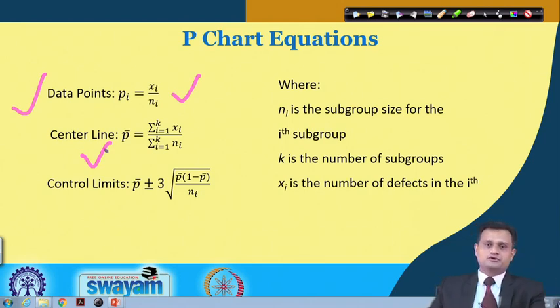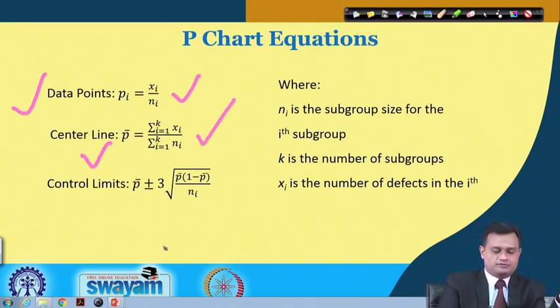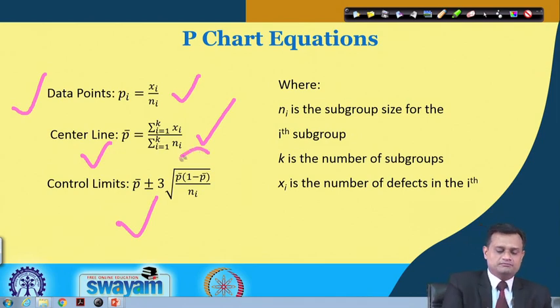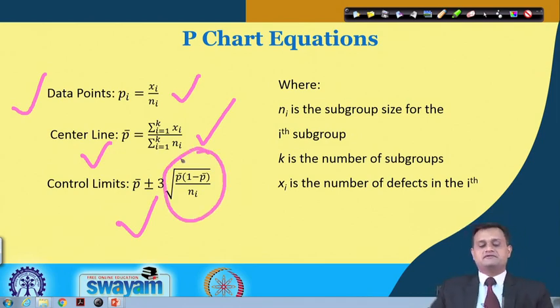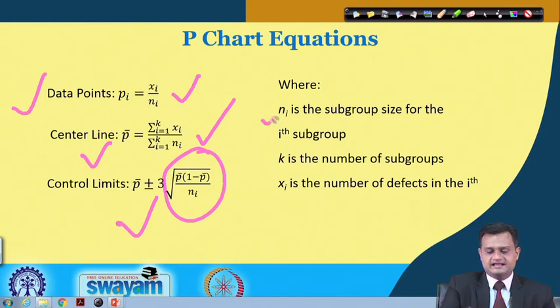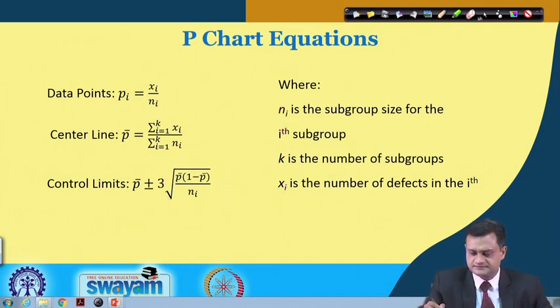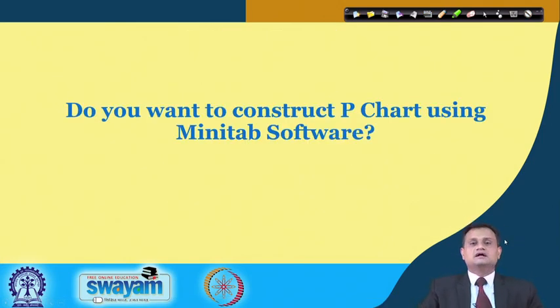If not, you compute P bar. Then the control limit is P bar plus or minus 3, or k, sigma, where sigma is the square root of P bar times 1 minus P bar divided by n_i. Here n_i is the subgroup size, which may vary, i is the ith subgroup, k is the number of subgroups, and x_i is the number of defects in the ith subgroup. Now with this you can proceed with your Minitab control chart analysis.